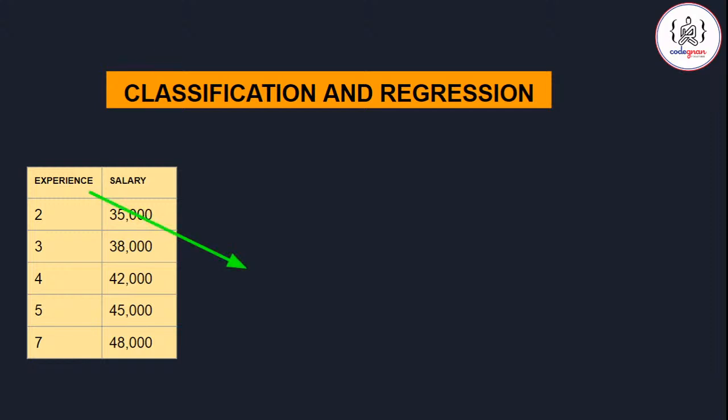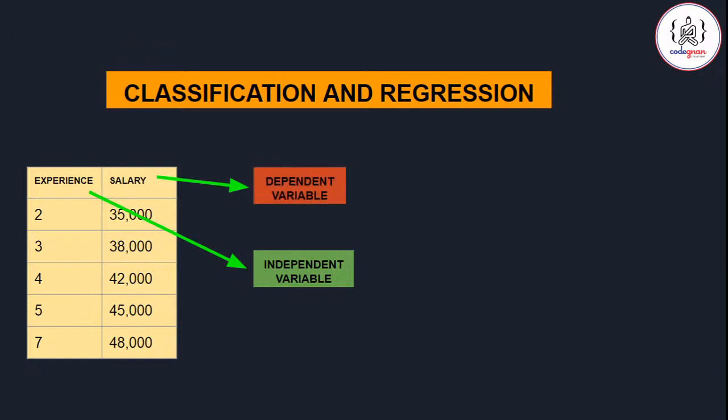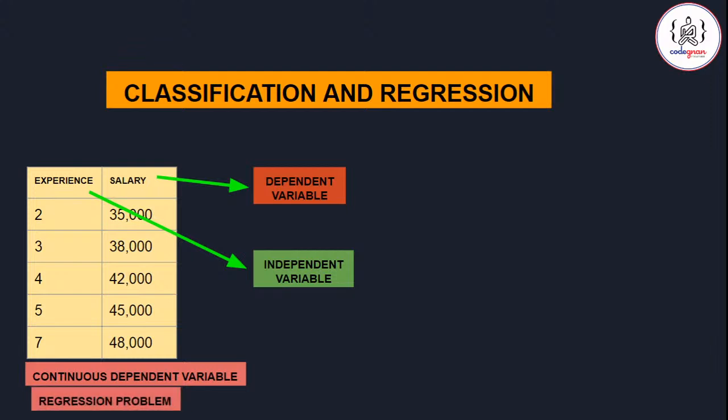Here our experience becomes our independent variable, and the salary is our dependent variable. And here, if you see, we have this salary in numeric form, right? So this is a continuous dependent variable, and it is a regression problem. Whenever we have a continuous dependent variable, that problem is of regression type.